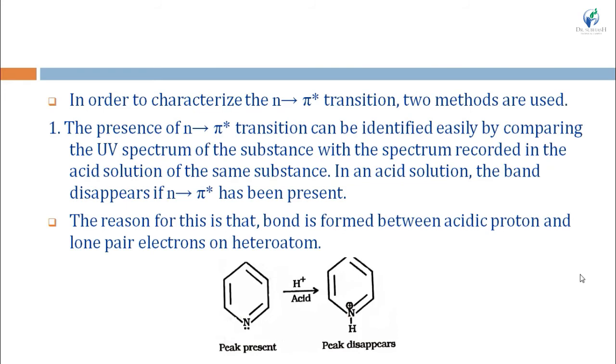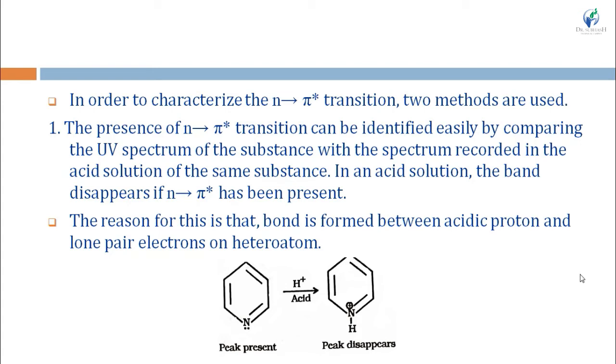Now we can identify this n to pi star transition from absorption spectra by two methods. First one is by comparing the absorption spectra of a compound in normal condition and in acidic condition. By comparing the spectra of these two conditions, we can identify the peak or band due to this n to pi star transition.